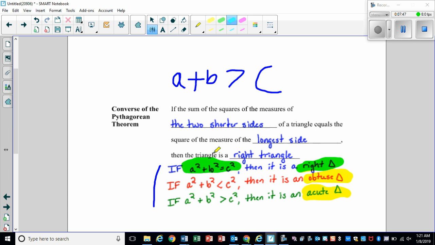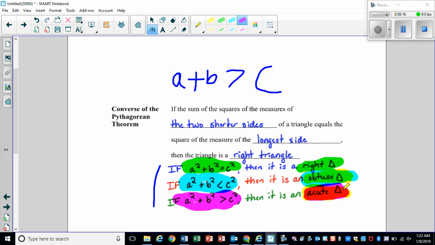But if a squared plus b squared is less than c squared, meaning c is more than the sum of the two, it is an obtuse triangle, okay? And the last one is, if a squared plus b squared is greater than c squared, meaning c is less than the sum of the two, it would be an acute triangle.